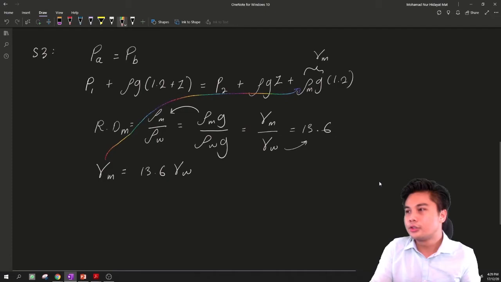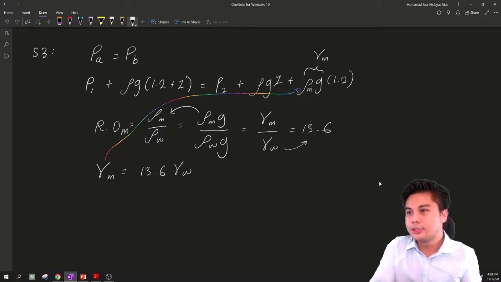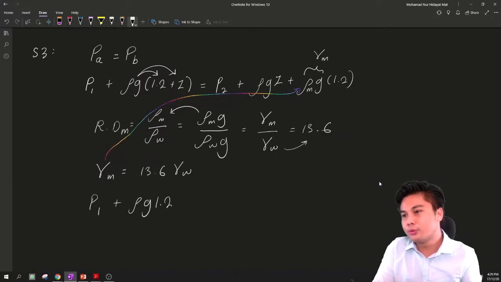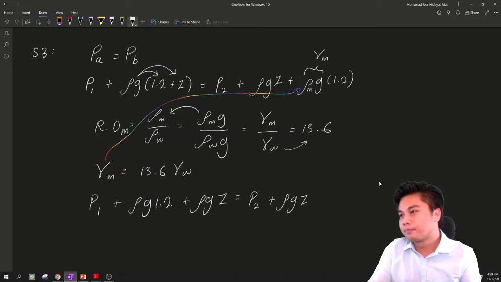So here, P1 we expand further: P1 plus rho G of 1.2 plus rho G Z equal to pressure 2 plus rho G Z plus gamma of mercury, which is 13.6 gamma of water times 1.2.